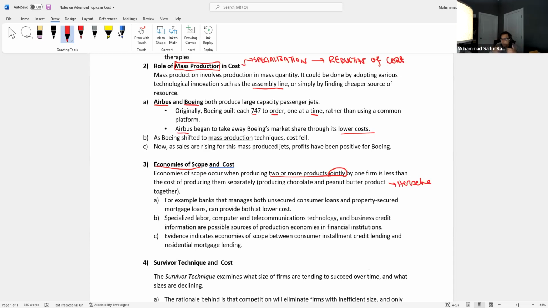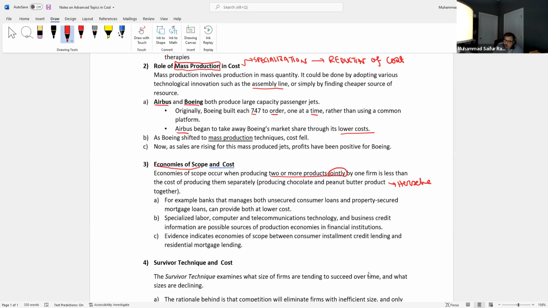Again, the reason why economies of scope is discussed in a managerial economics course is that a lot of evidence suggests that economies of scope reduce the cost of production. Now, I'm going to look at some examples of economies of scope, and some of these examples might surprise you.